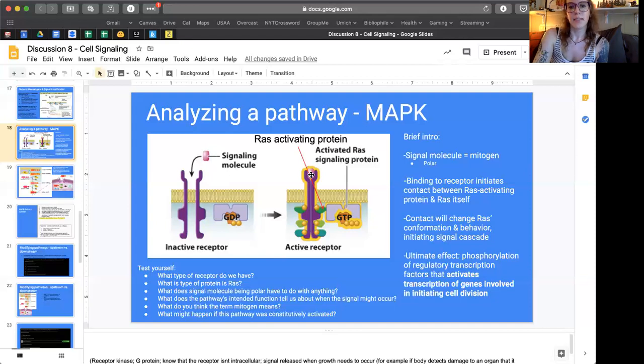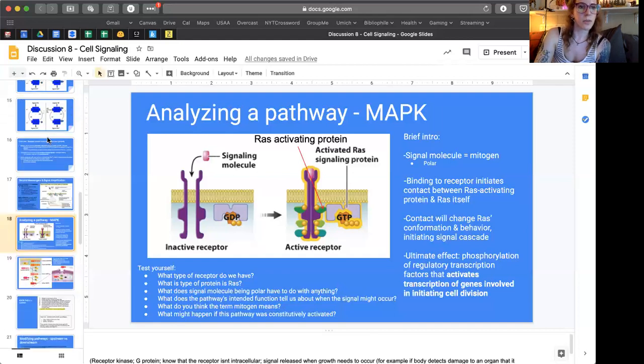And what will happen is this dimer will bring a RAS activating protein to the G protein and will cause the GDP to be phosphorylated. So we're donating a phosphate group to this, we're not displacing the whole GDP molecule with another GTP molecule.